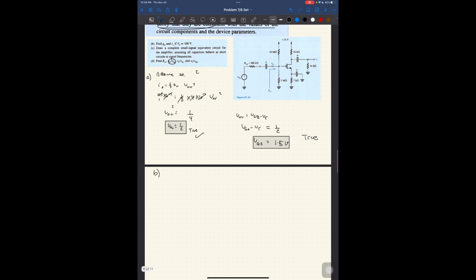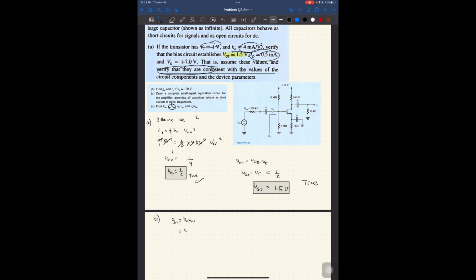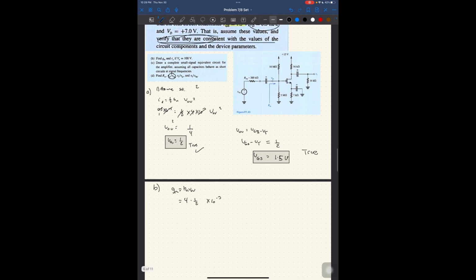B. Find gm and ro. And gm is nothing but Kn VOV. And Kn, I am told, is 4. And VOV, I am given, is half times 10 to the negative 3, because 4 milliamps. Implying that it's only 2 times 10 to the negative 3. And ro is nothing but VA over ID, and that's just your formula, or 1 over lambda ID.